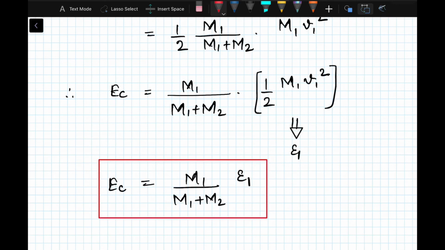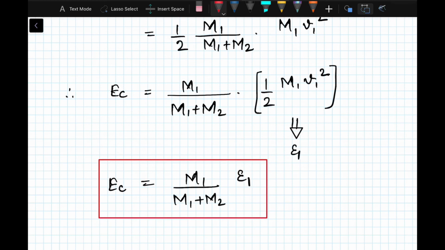Using this method, if we are already aware of the kinetic energy of the incident particle with the known momentum and known velocity, we can calculate the kinetic energy of the particle in the laboratory frame, and then using this relation we can calculate the kinetic energy of the center of mass, which is given by EC.